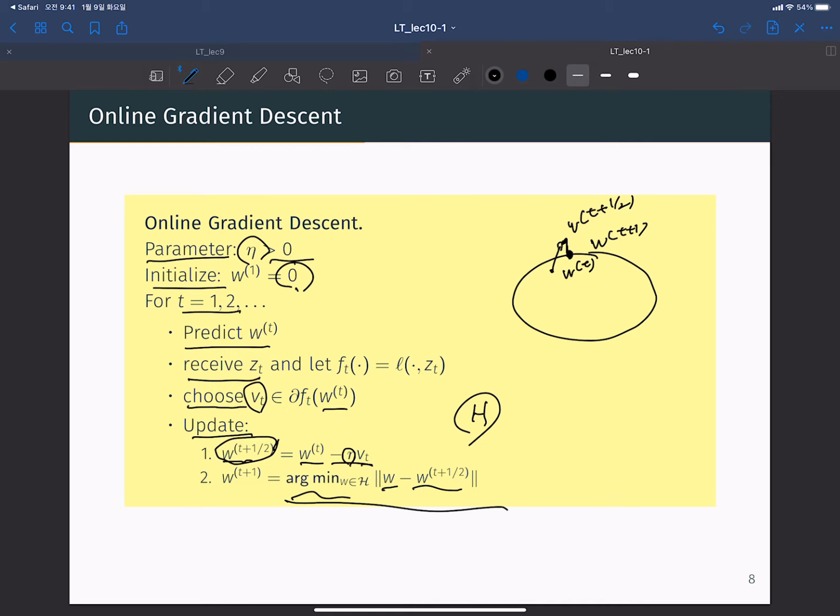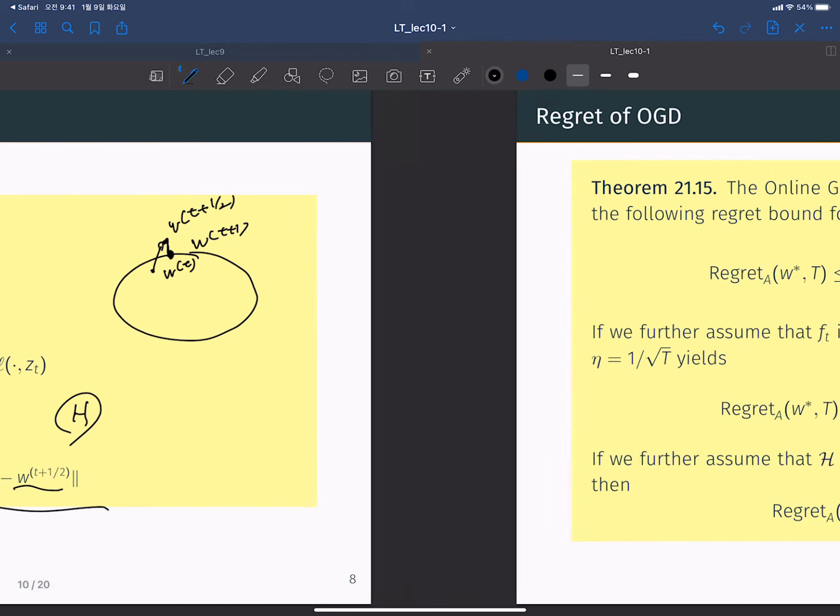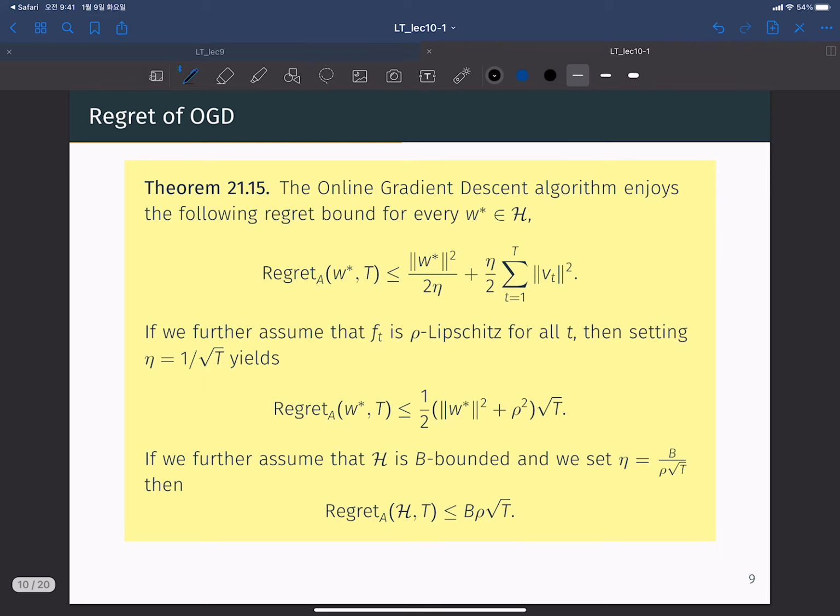Okay, so again, when we have some constraint set, then the simple gradient descent rule can go outside of the constraint set. So every time we have to apply the projection operation as well, so that the trajectory stays inside our constraint set. Okay, this more general online gradient descent rule has this theoretical result.